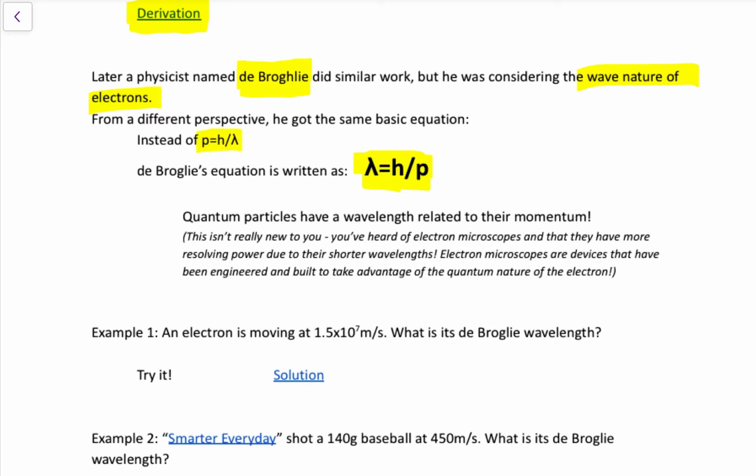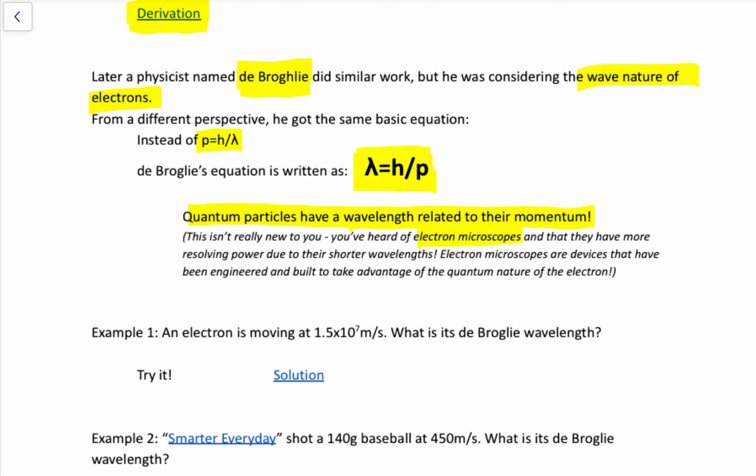It's just algebraically flipped around. But what's deeper coolness about it is this de Broglie guy got it a completely different way. So it's neat that we have two completely different methods leading to the same basic equation. Basically what de Broglie said is quantum particles have a wavelength, and that wavelength is related to their momentum.